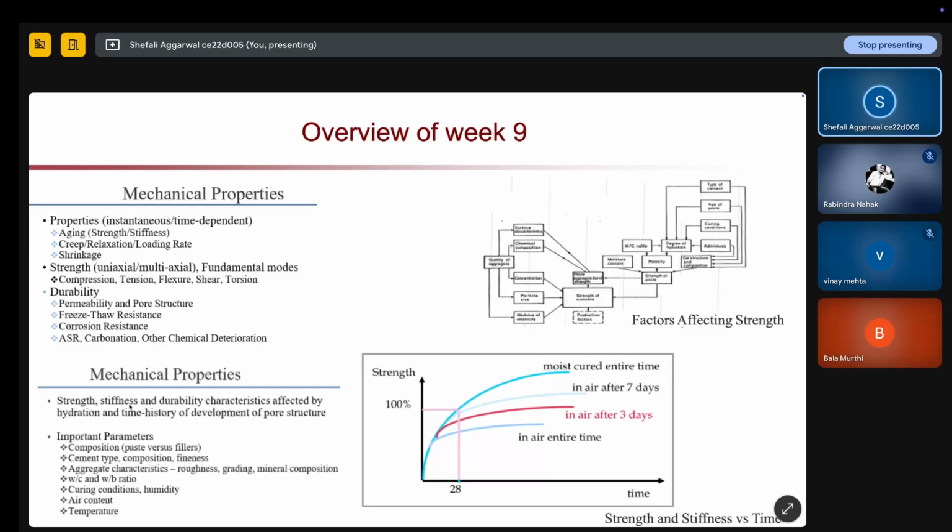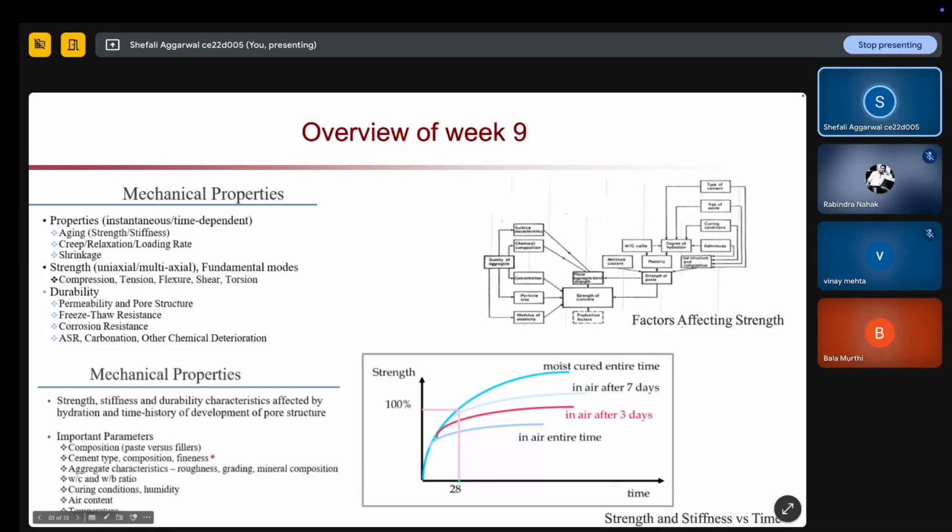The important parameters which we look into for our concrete are composition, where we check paste versus filler, how much paste we have and how much is acting as filler, especially when we are adding some supplementary cementitious material. Then the cement type and its composition, aggregate properties like roughness, grading, composition, water to cement ratio, water to binder ratio, curing conditions, humidity, air content, temperature.